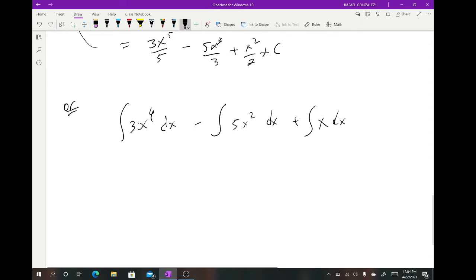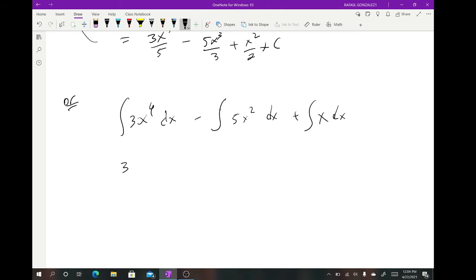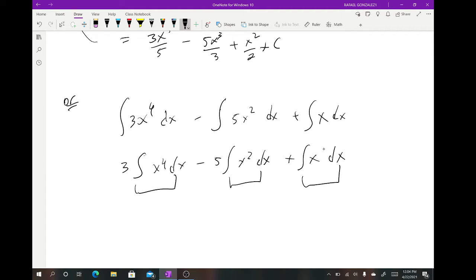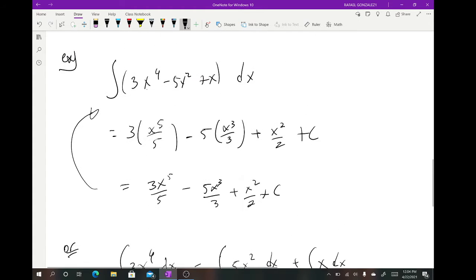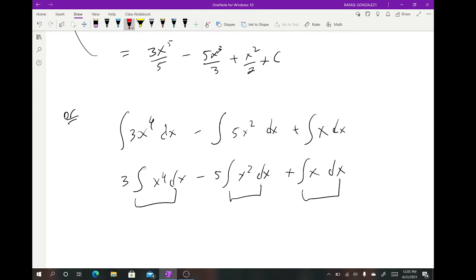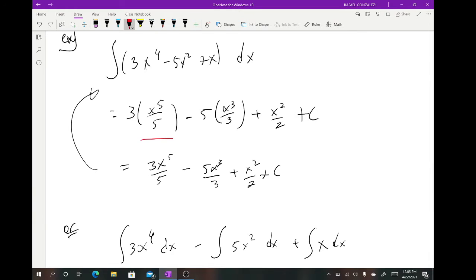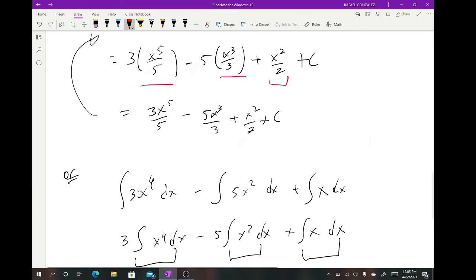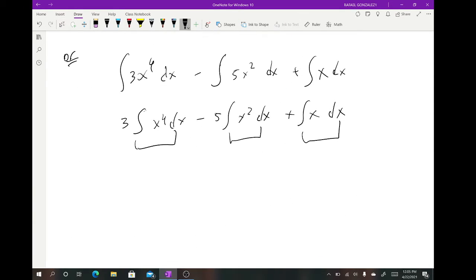So you could have done it this way, then use the constant multiple rule, and then you'll see that you get the same solution, because these integrals are precisely what I have here in parentheses. Those antiderivatives are equal to that.